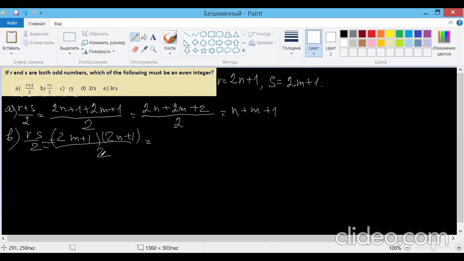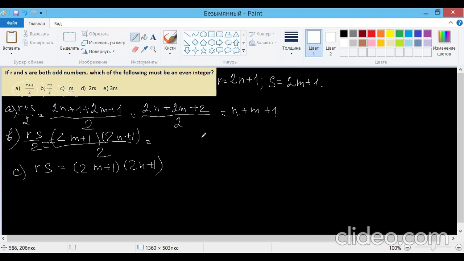Okay, so C, R times S. R times S is this expression. And if we divide this expression by 2, we will finally get this expression, and it doesn't lead to having an even integer either.